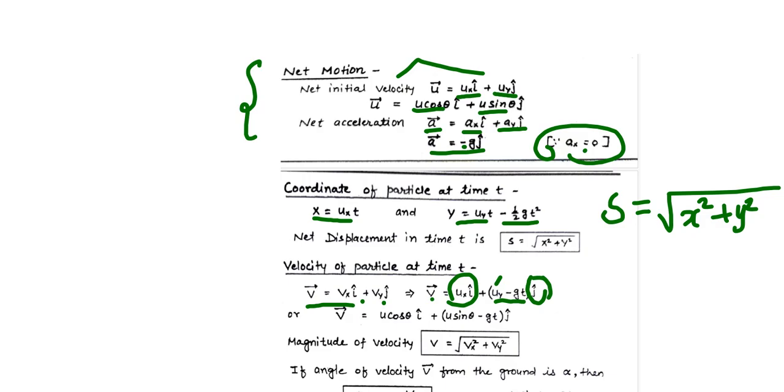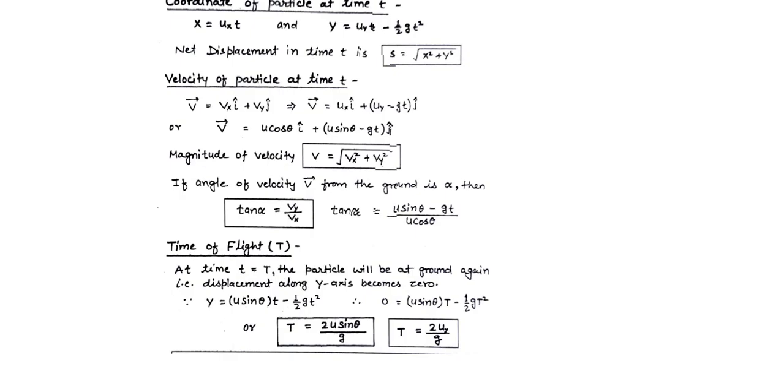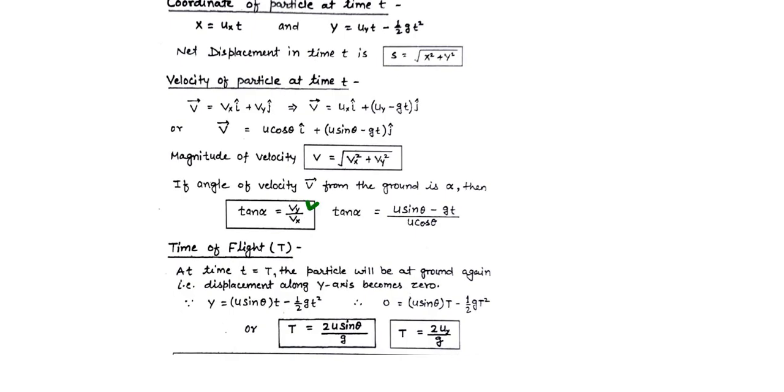But you can change it to u cos theta i plus (u sin theta minus gt) j. The magnitude of velocity is the root of vx square plus vy square. And tan alpha is Vy by Vx, so we can write u sin theta minus gt divided by u cos theta.